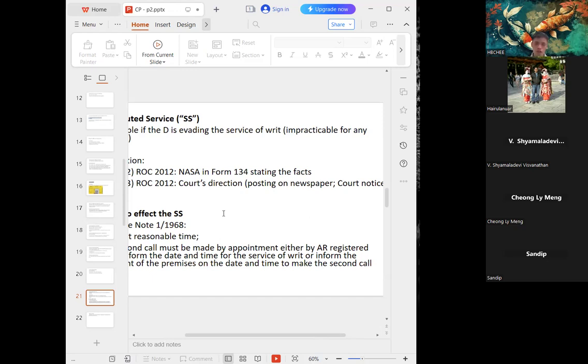Like this house has a car, and shoes, this and that, but nobody comes out and accepts service of the writ, or the defendant is informed by the occupant that the defendant is not there. What are the efforts made, these are the facts that you have to put inside the affidavit to support the reason for you to apply for SS.